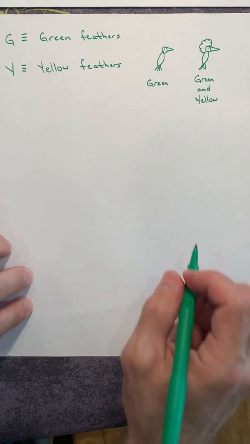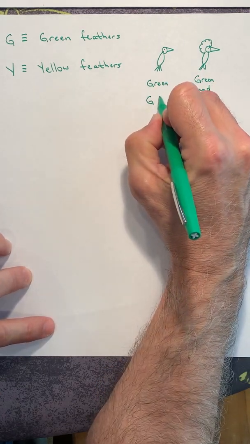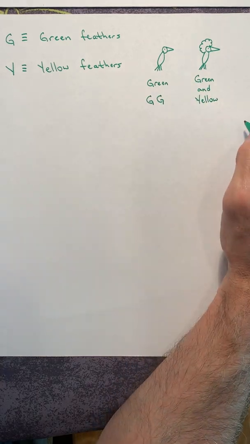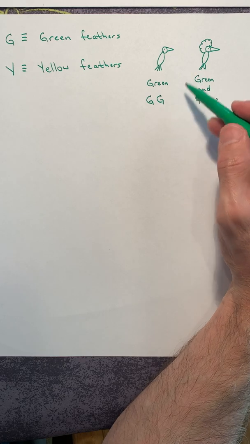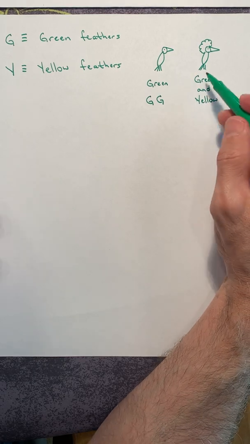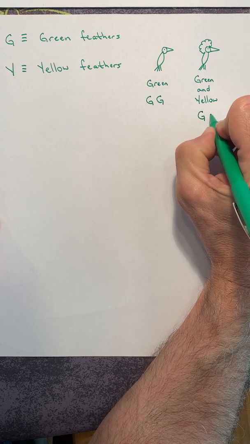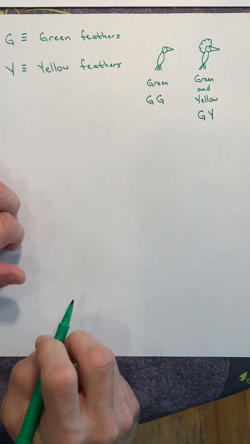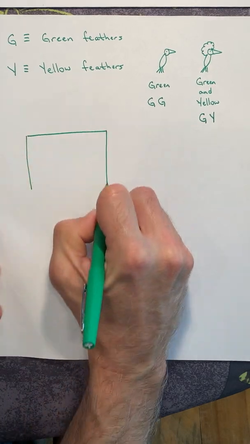Now let's see what they are genetically. If he's green, he has to be big G, has to be, because if he carried the Y, then he would express it because it's codominant. Whereas she is green and yellow, therefore she is G, Y. Let's see what their Punnett square is.